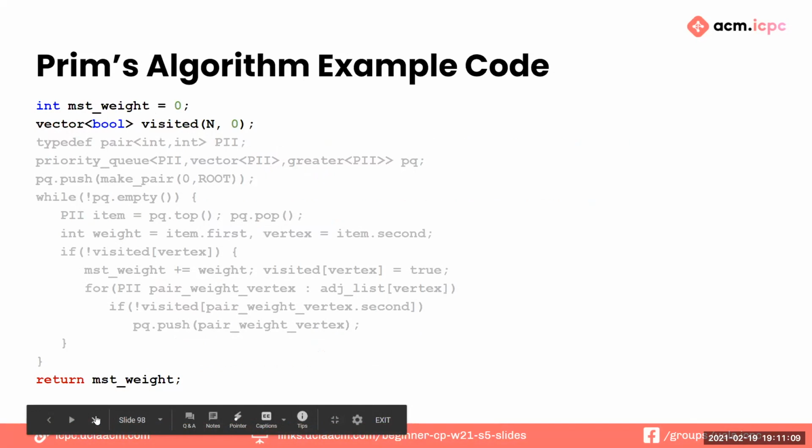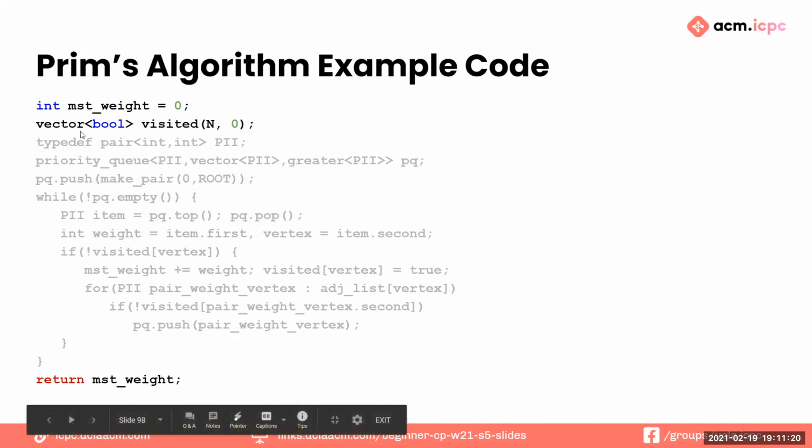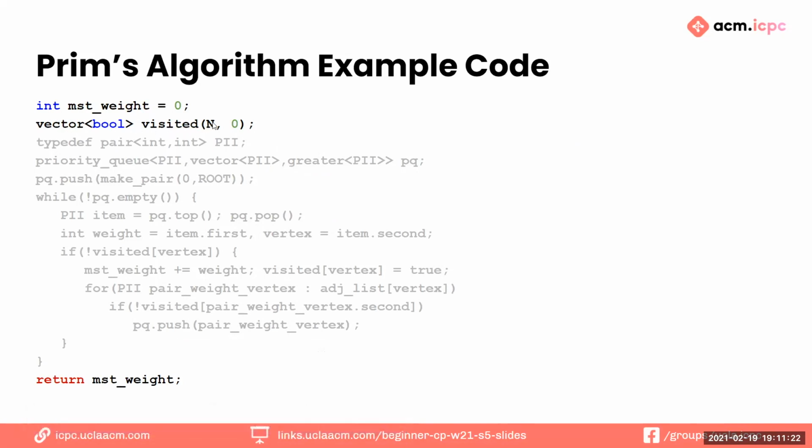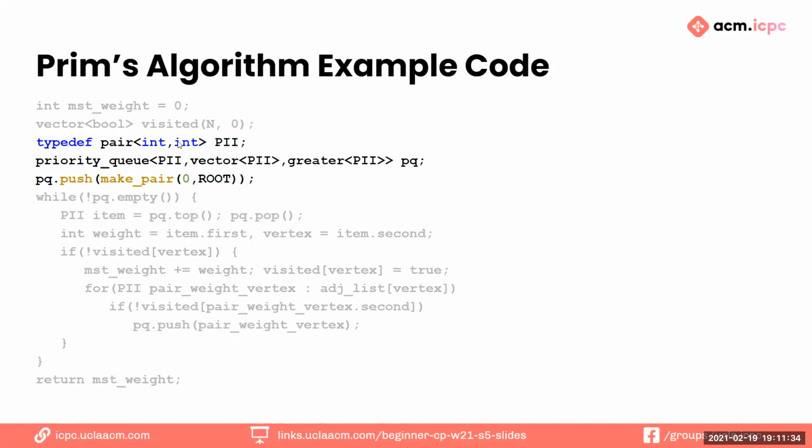Let's go to the example code. So this is my implementation of Prim's algorithm. We start off by setting the minimum spanning tree weight to 0. We declare the vector of booleans for the vertices that we visited. And then here I do a typedef, which is shorthand for saying I don't want to say pair of int of int all the time.